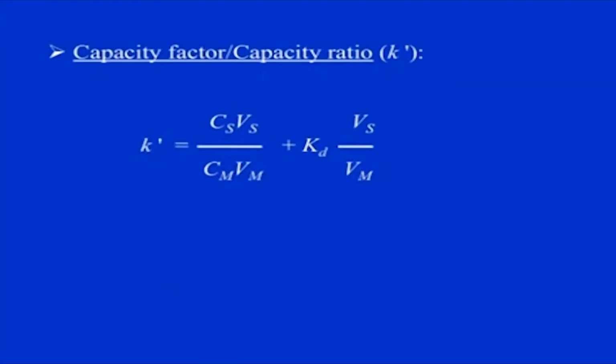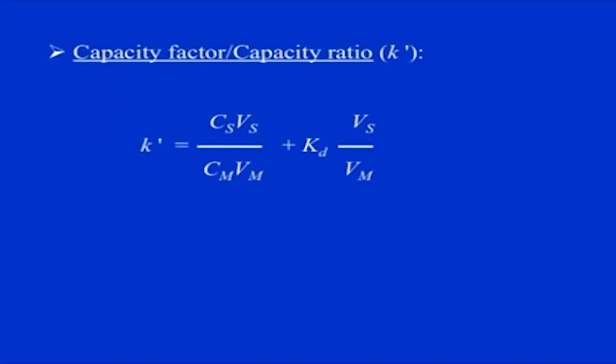Another very important term, and a performance parameter in chromatography, is the capacity factor or the capacity ratio. The capacity ratio, or partition ratio, or capacity factor, does not have any units, and it is the measure of the time spent by the analyte in the stationary phase relative to the time spent in the mobile phase.